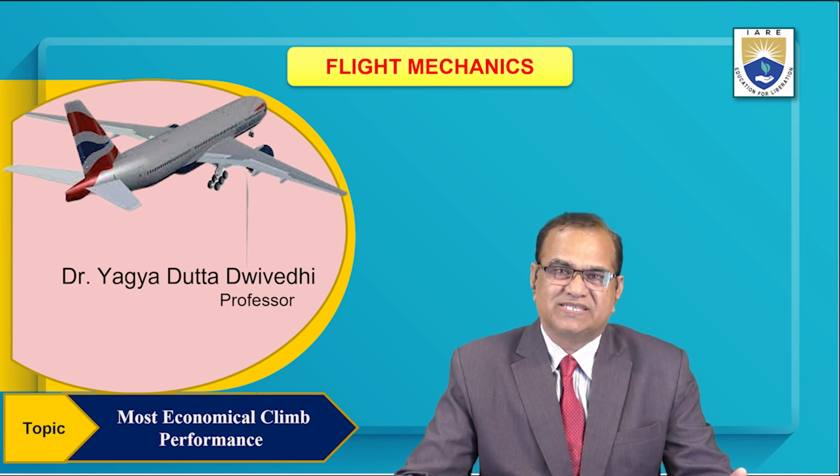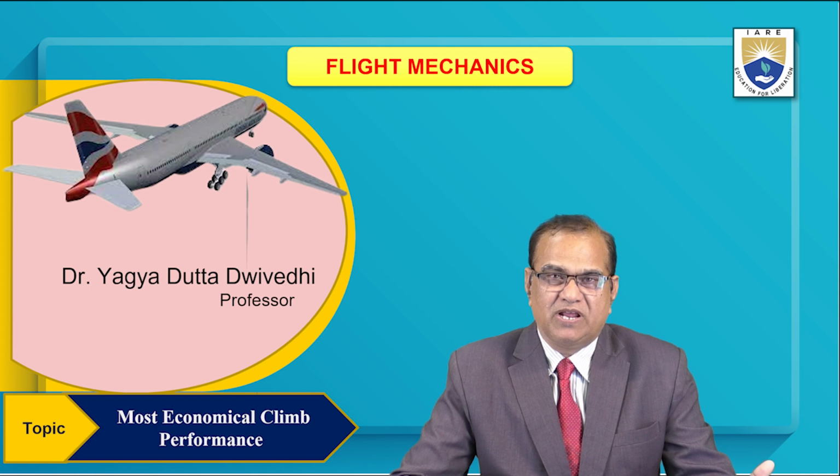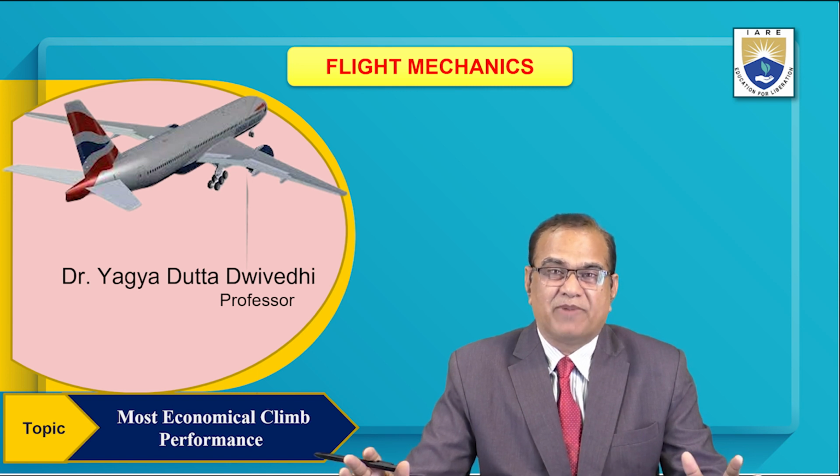So sine gamma is equal to (PA minus PR) by W. PA is the power available, PR means power required, divided by W, and the difference between power available and power required is called the excess power.